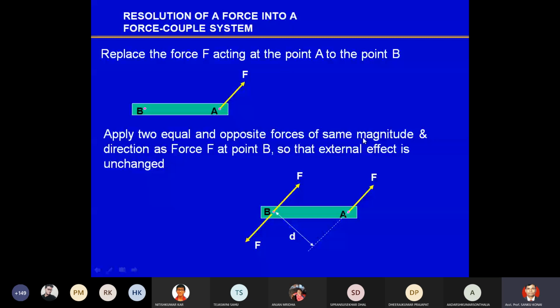So if you have a force like this, we apply a force like this here, but to balance it we apply a force here. If you combine these two forces, what will be the net effect at point B due to the addition of these two equal and opposite forces at the same point?